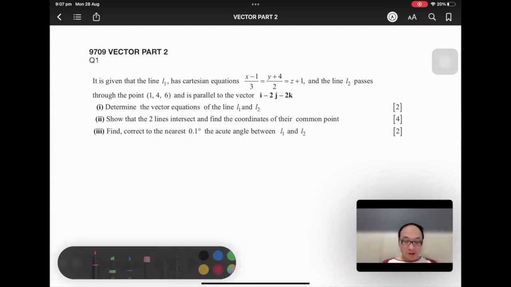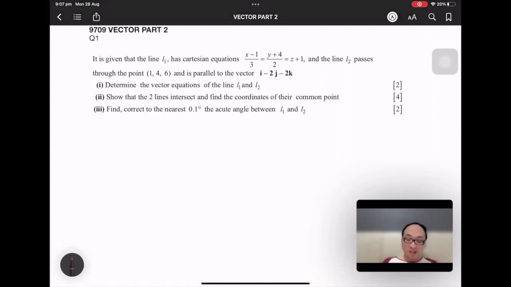So L1 has the Cartesian equation of (x minus 1)/3, (y plus 4)/2, and (z plus 1)/1. To convert from the Cartesian equation to the vector equation, we have to see the initial point and the direction vector of the line.